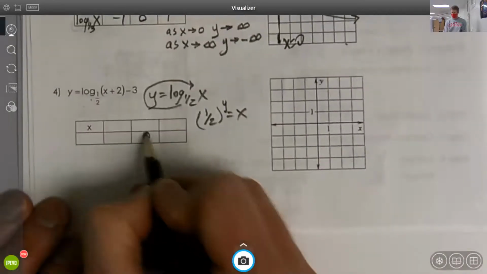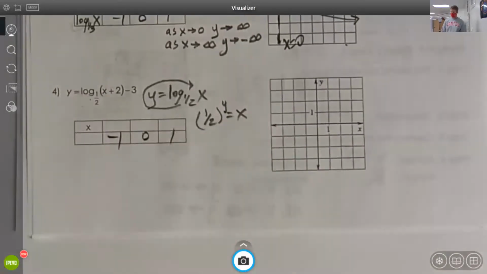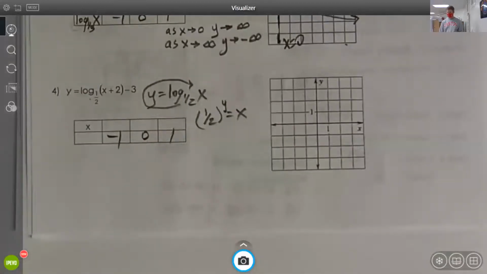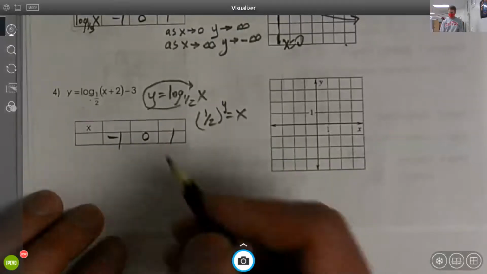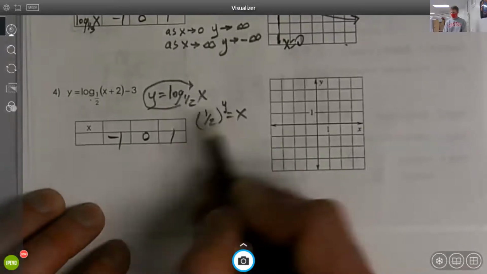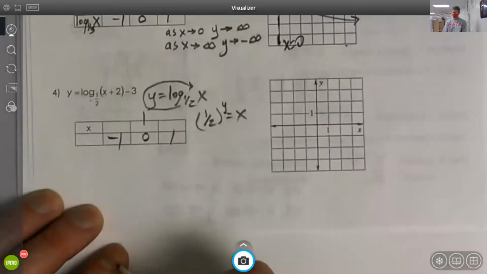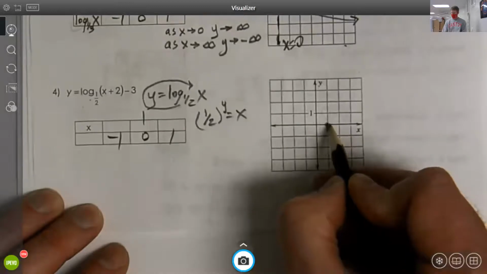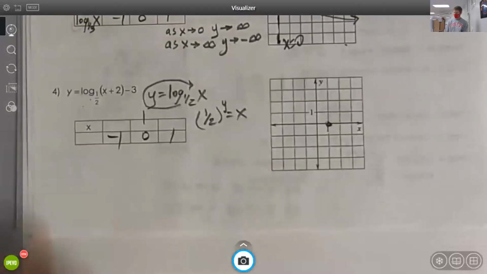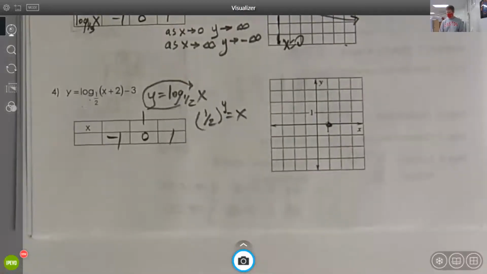So we plug in our 0, 1, and -1. You can make those 2 and -2 if you wish. We probably have some room for that. Anytime you have an exponent of 0, we get the answer of 1. That's the one point that seems to be pretty consistent with all of these.